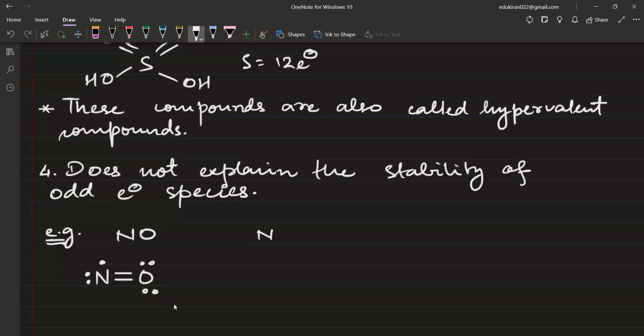NO2, nitrogen dioxide. Here again, nitrogen with a double bond oxygen, and it is having the pairs of electrons like this. Then you have a single bond with oxygen, and now if you see here, this nitrogen is going to have 1 electron.